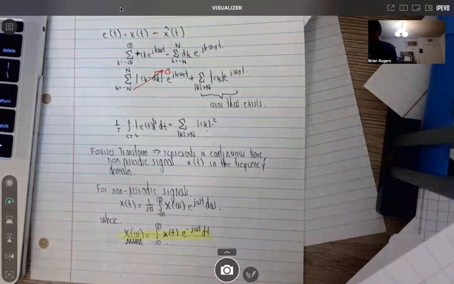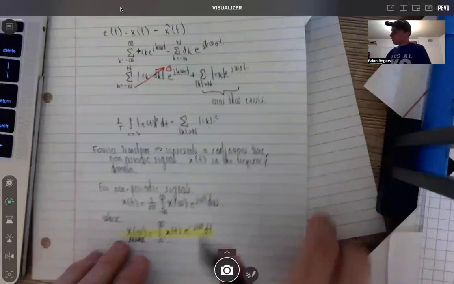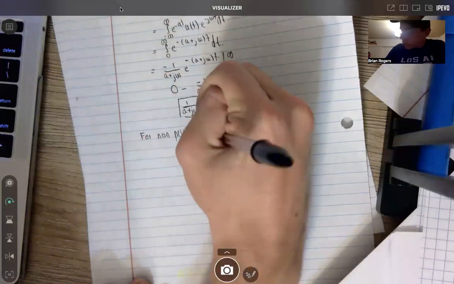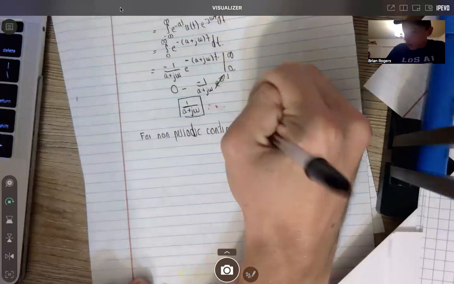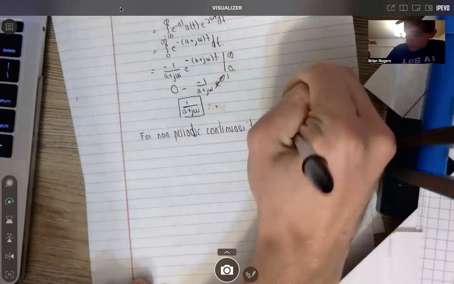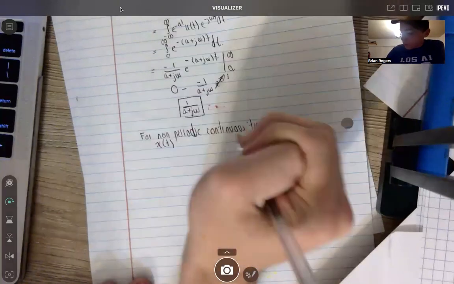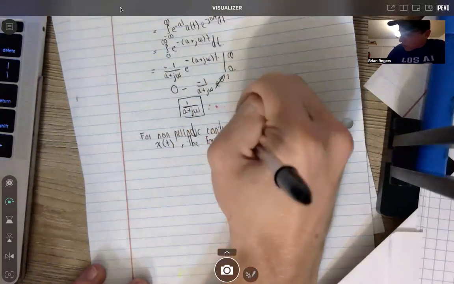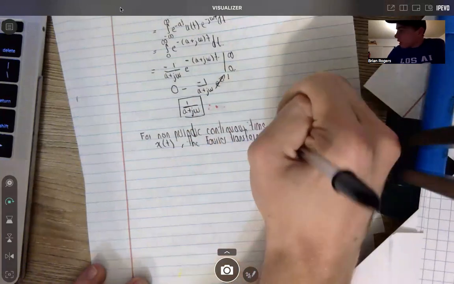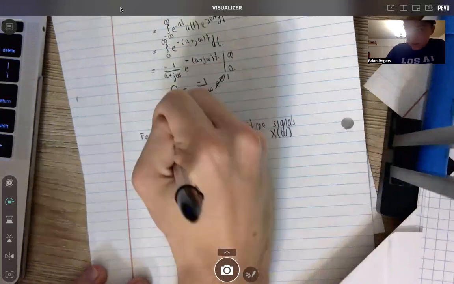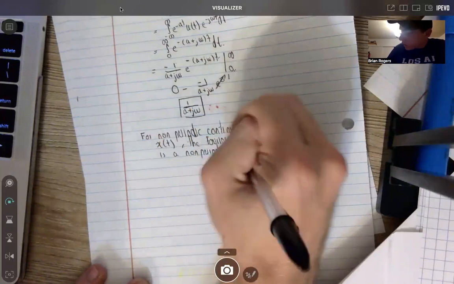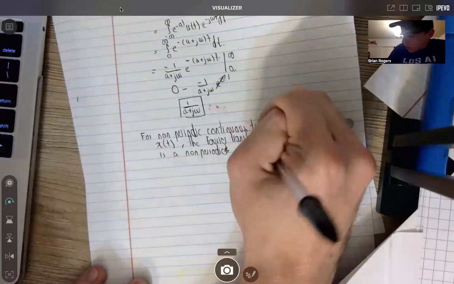We're going to notice that for non-periodic continuous time signals, like x of t, the Fourier transform, which is capital X of omega, is a non-periodic continuous signal in the frequency domain.